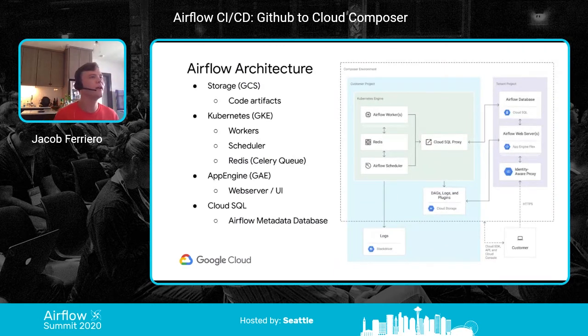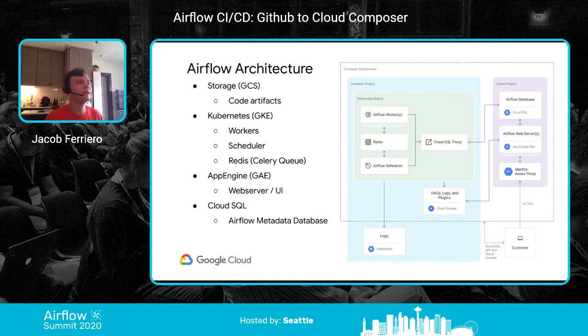So the Airflow architecture in Cloud Composer is laid out like this diagram, where there are certain resources that live in your customer project in a Kubernetes cluster that gets deployed for you, and certain resources that live in the Google management layer, which we call a tenant project. This includes the Airflow database and the web server.